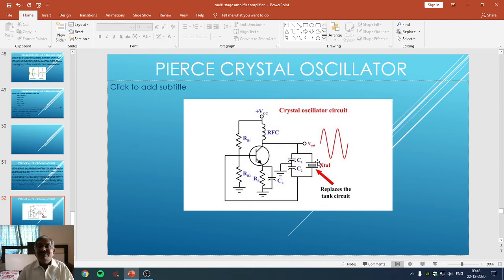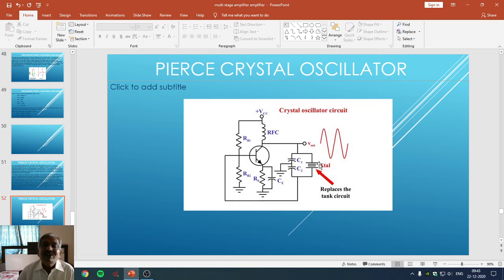We have just replaced its inductance by a crystal, and we know the property of the crystal. It behaves here as an inductance, meaning it undergoes series resonance and generates the frequency Fs, which you already calculated. If you connect the same crystal in a Hartley oscillator, it behaves like a capacitor.